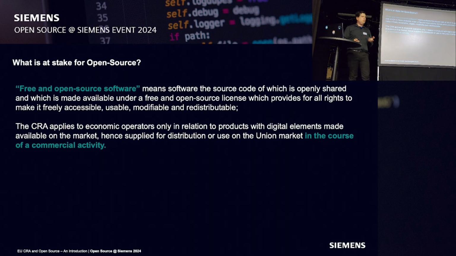So if I don't do commercial activity, then maybe my open source product and the developers are not in scope. But then there were a lot of discussions because, like in many regulations, the first draft did not clearly clarify what commercial activity means, where the boundaries are. So it generated a lot of discussion.